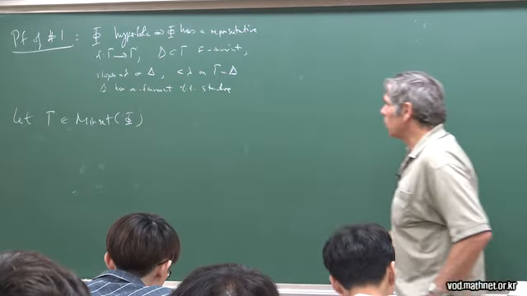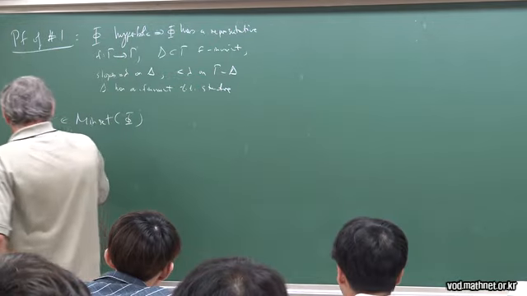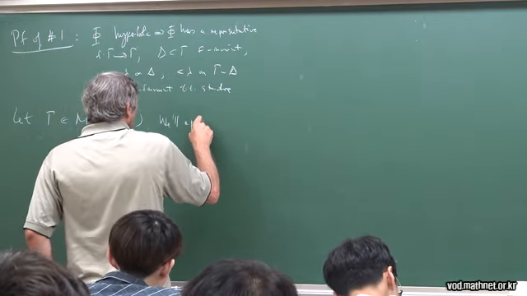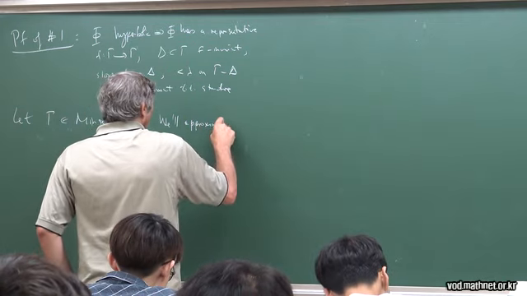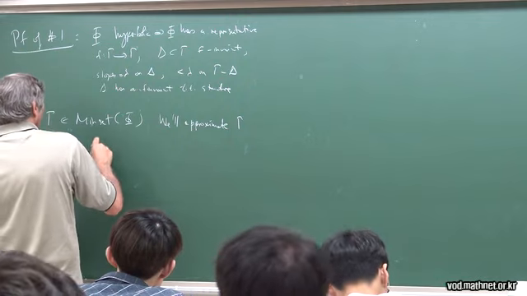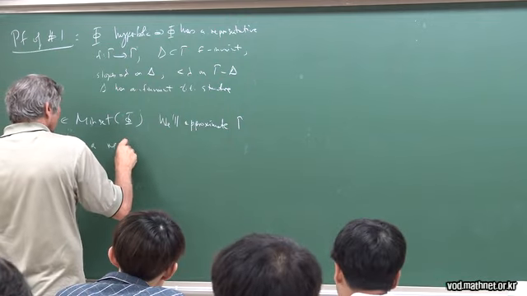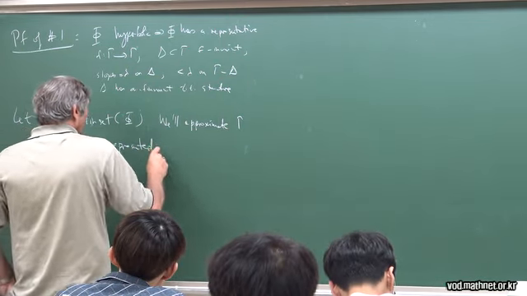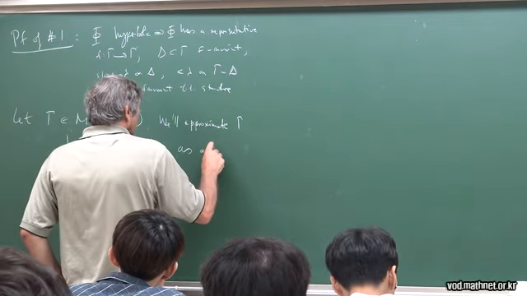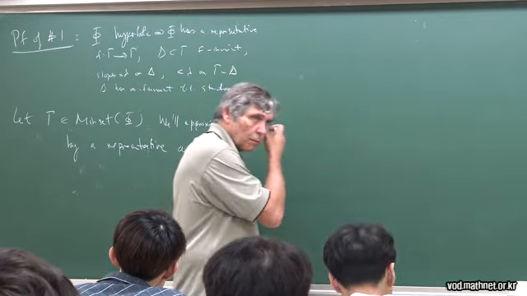And so the proof will approximate gamma by a representative as above. So all moves are going to be perturbations.